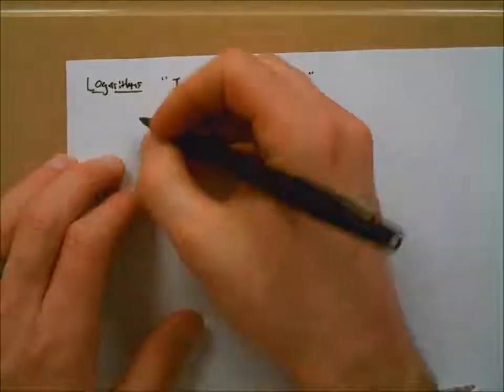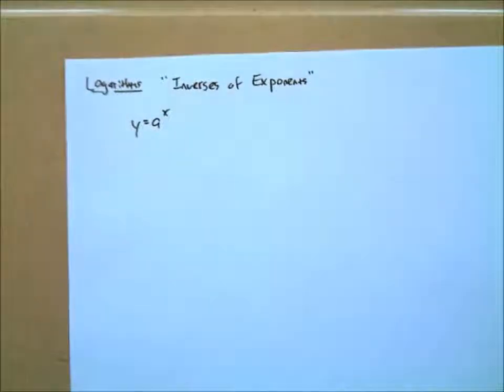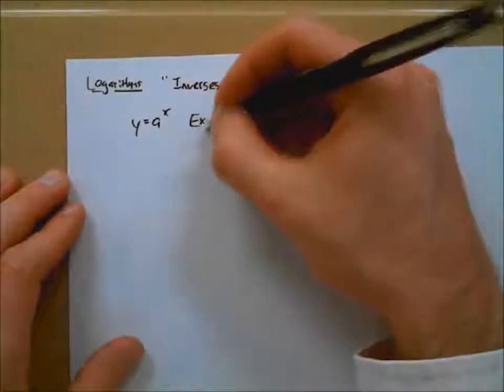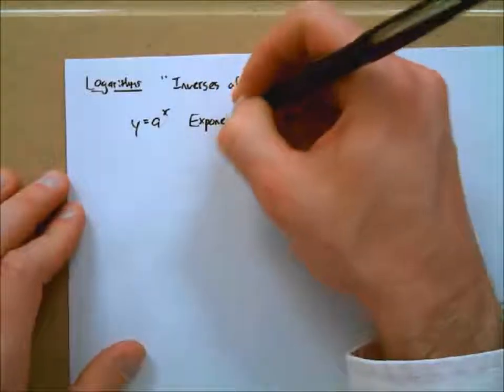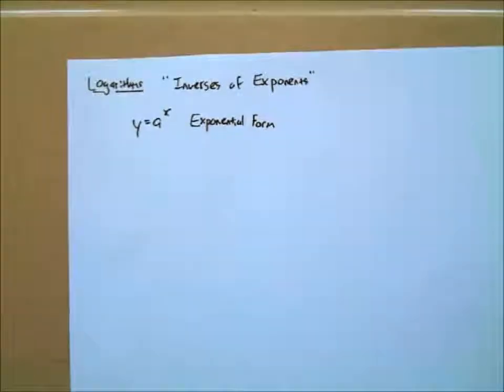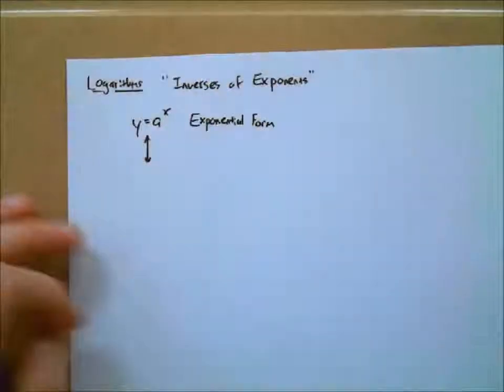A logarithm allows us to take something that's in exponential form. For example, here, y equals a to the x. This is like an equation in exponential form. And then we can rewrite it using this idea of a logarithm, that you guys learned about in Algebra 2.